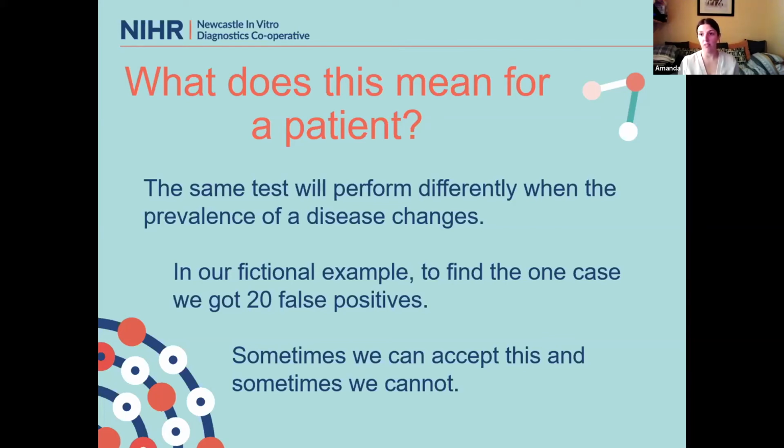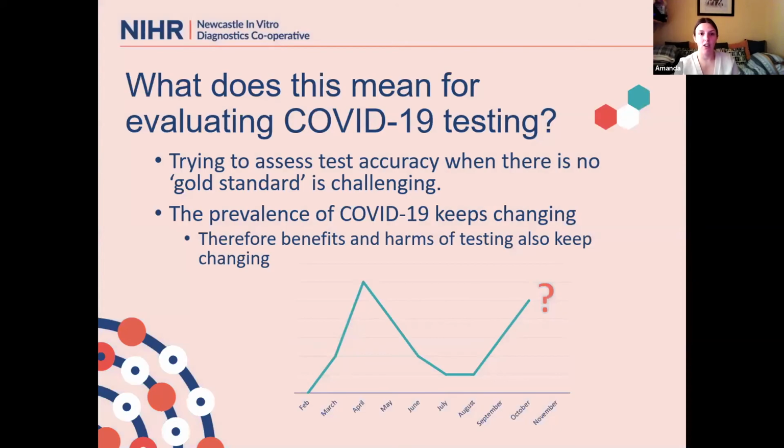Sometimes if a false positive has very low consequence, then it might be acceptable. But if a false positive, for example, results in somebody having surgery under general anaesthetic, then a false positive is really a big deal. And really what we are trying to do is understand how those harms and benefits should be traded off.